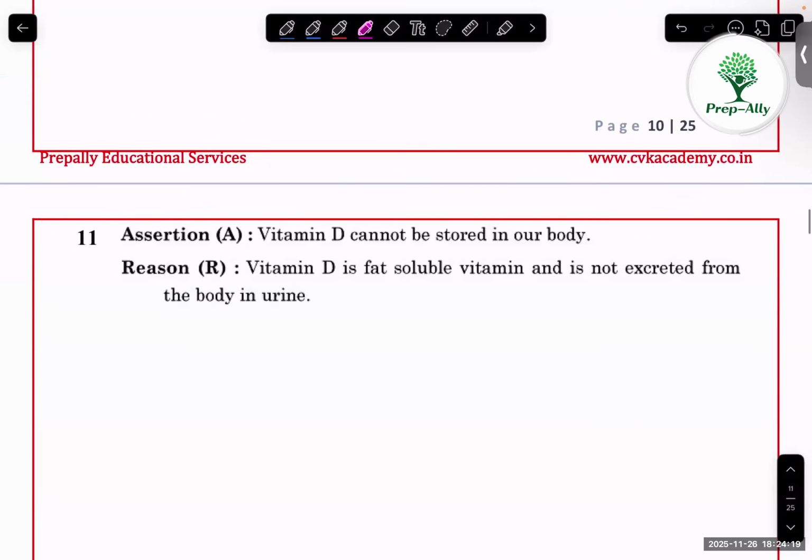11th question, vitamin D cannot be stored. This is also assertion reason. So assertion reason, same idea we need to keep in mind. Reason is the because statement. Is it correct or not? First thing is vitamin D cannot be stored in our body. First of all, assertion itself is false. That means you don't need to worry about the remaining options. Answer will be option D, where assertion is false.